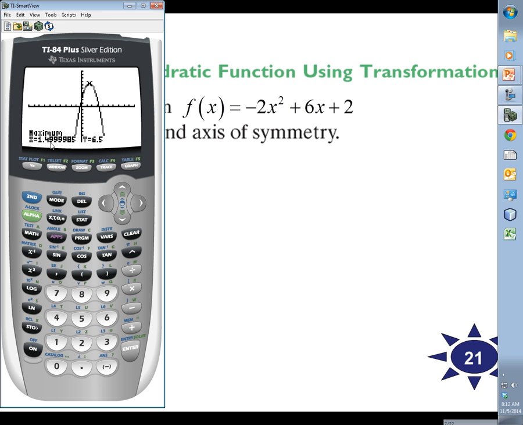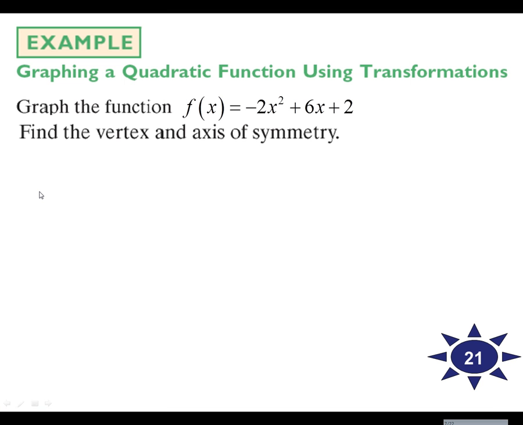Your calculator rounds off a little bit, but it's 1.5 and 6.5. So that's going to be our vertex. Our vertex is 1.5, comma 6.5. And then the axis of symmetry is just going to be x equals the x value. x equals 1.5. All right, knowing that, go ahead and try problem 21.